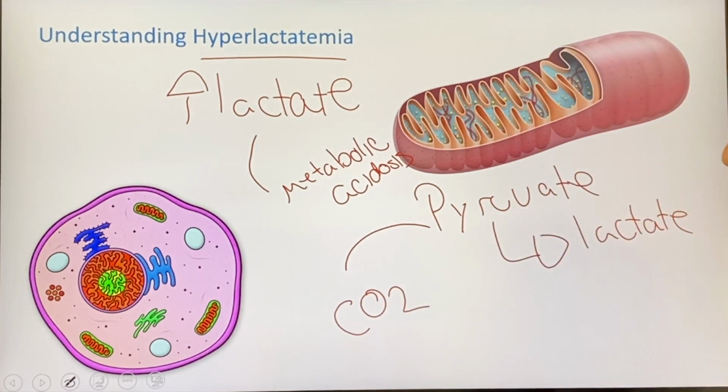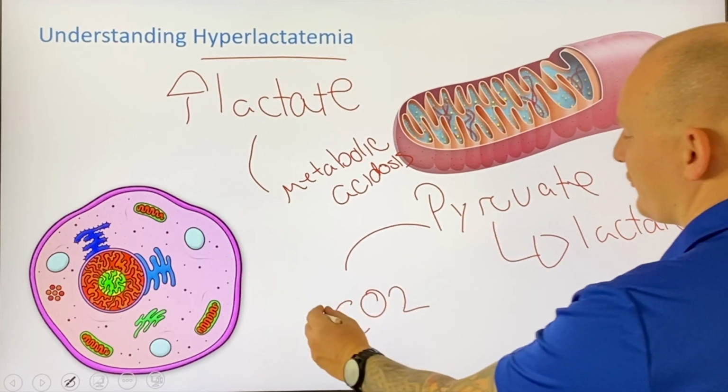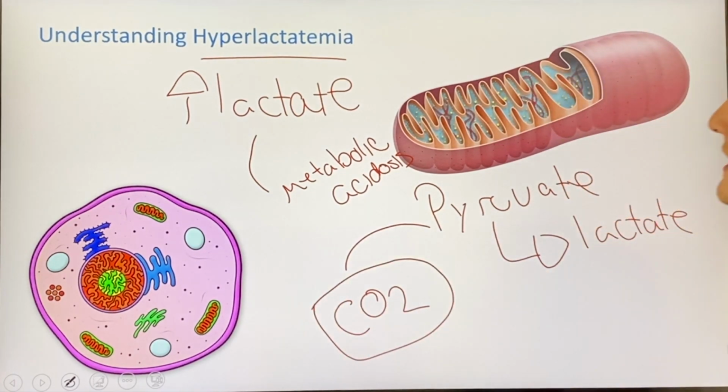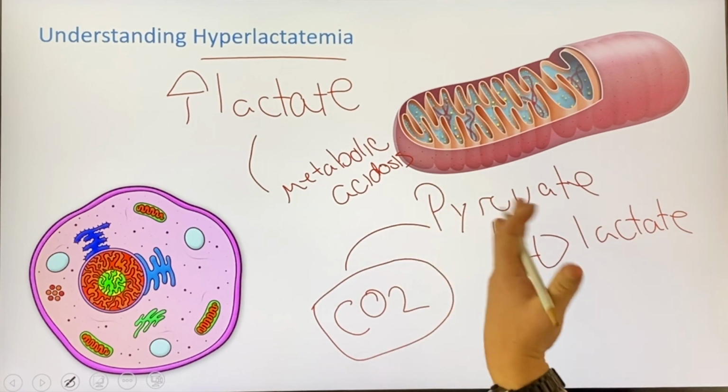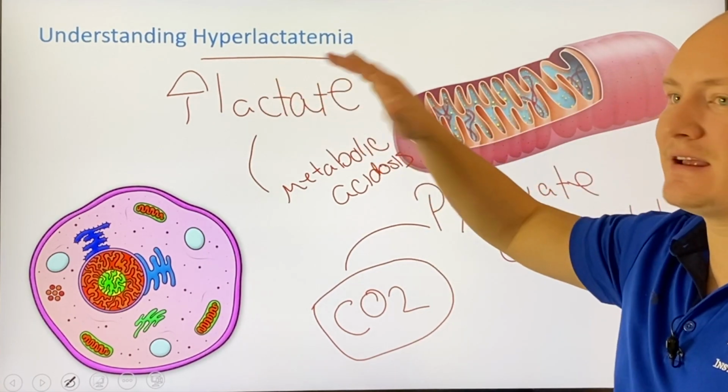So that's where lactate comes into play, and that's where CO2 starts to make its play here as well. We're producing quite a bit of CO2 from aerobic metabolism, which also produces CO2, but we're also seeing a production of CO2 in anaerobic metabolism as well as the lactate, and that's the big problem.